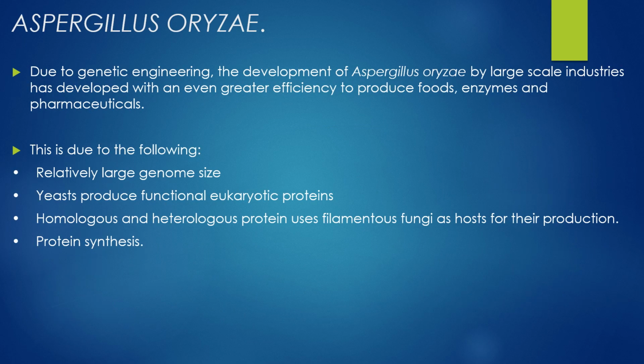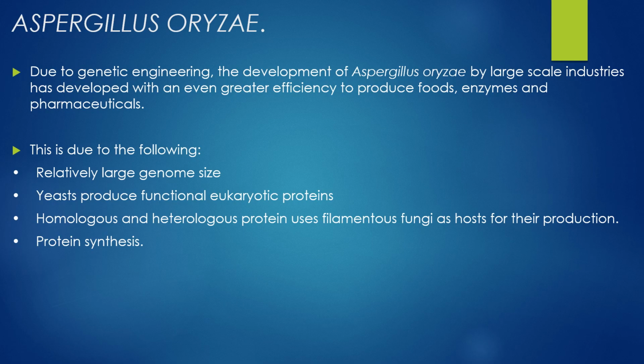Due to genetic engineering, the development of Aspergillus oryzae by large-scale industries has become even more efficient at producing foods, enzymes, and pharmaceuticals. This is due to the following: a relatively large genome size. Yeast cells produce functional eukaryotic proteins.